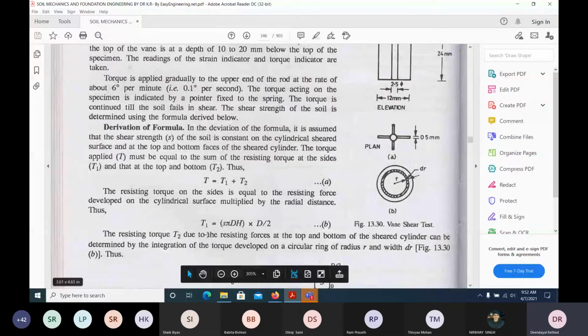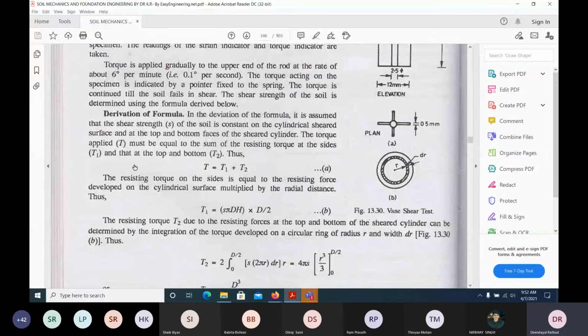So this is like pi d h times the shear strength. Here T1 is the resisting torque at the sides, and T2 is the torque at the top.